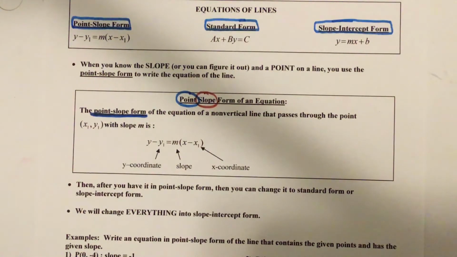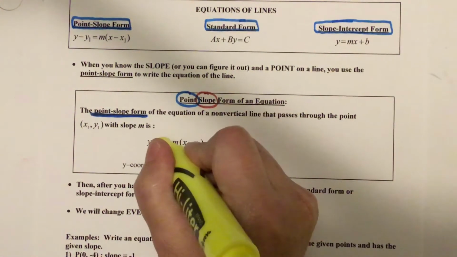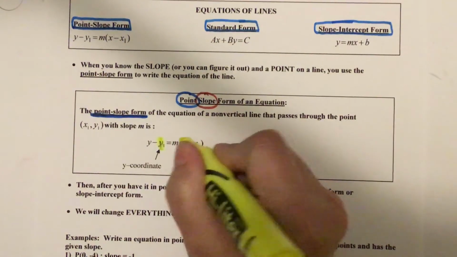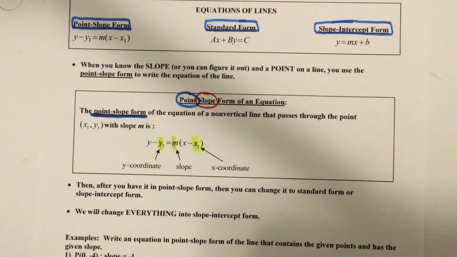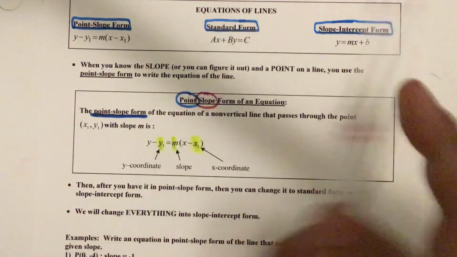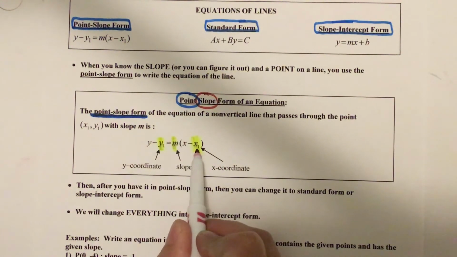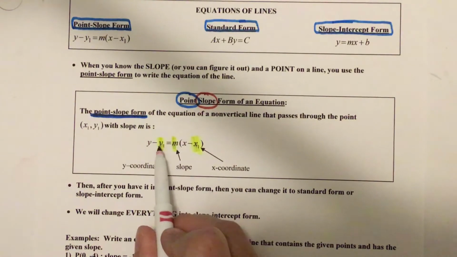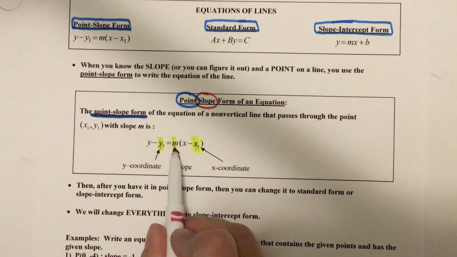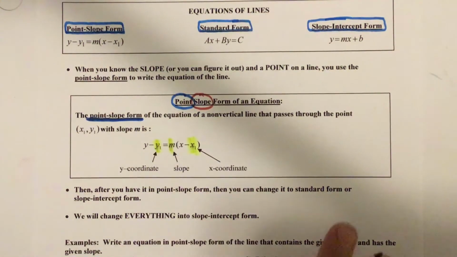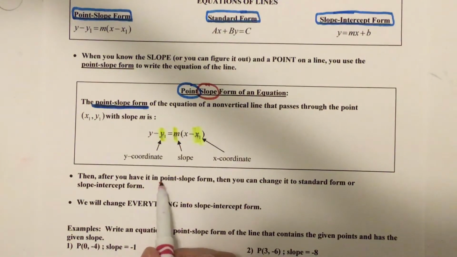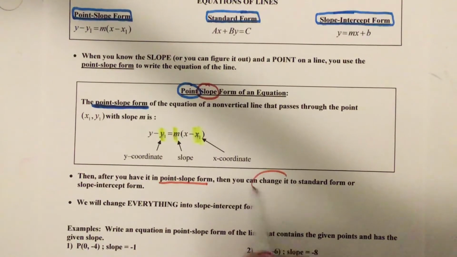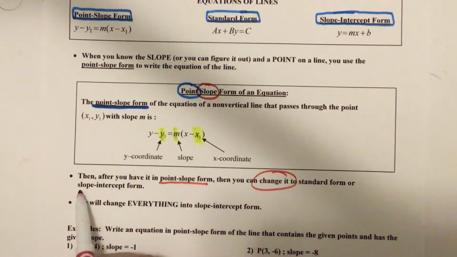So when you're plugging numbers in, you're going to plug numbers in right here, and right here. So whatever point you have, the x coordinate will go here, the y coordinate will go here, and whatever the slope is will go here. Okay? And then after we put our equation in point slope form, we are going to change it to slope intercept form.